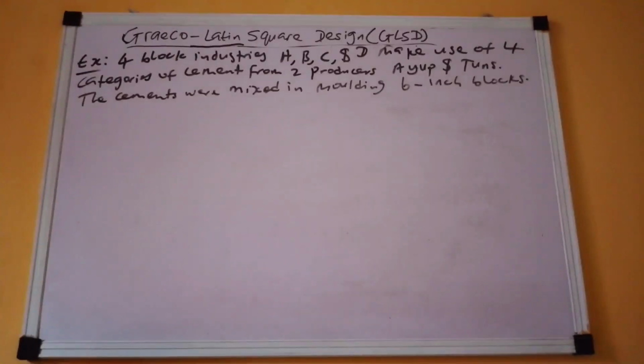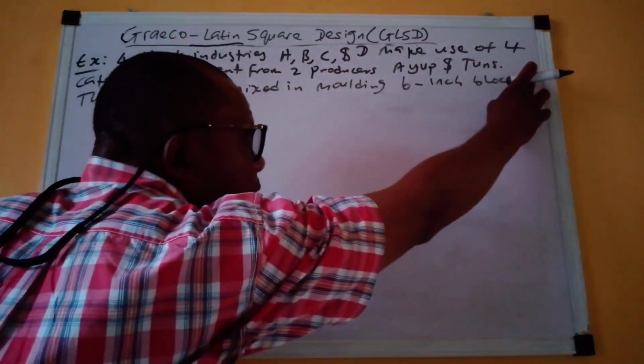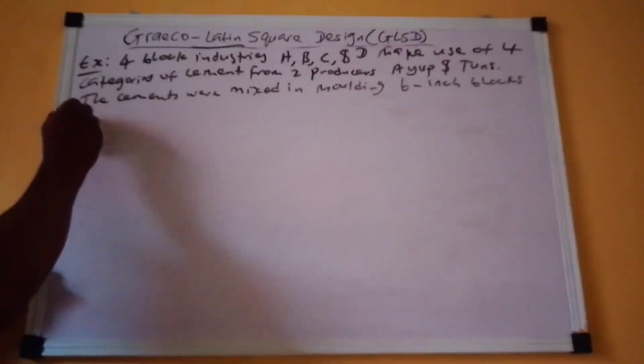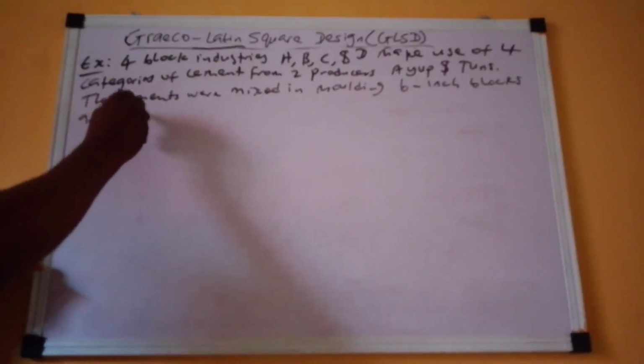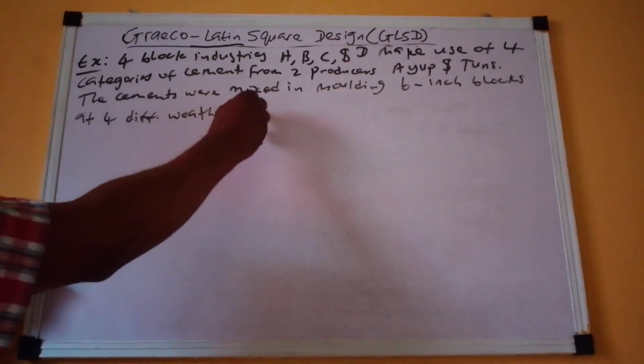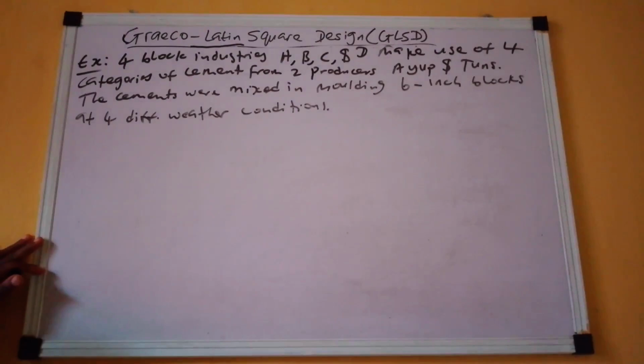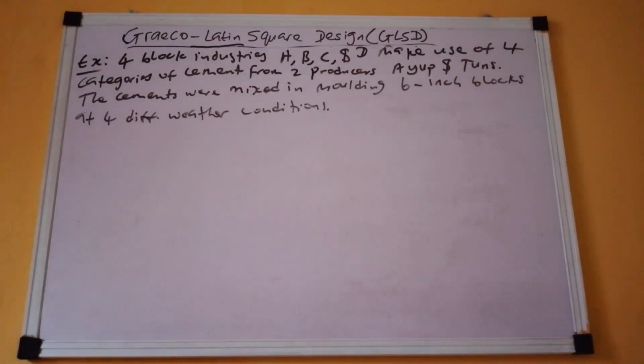We'll combine the molding 6-inch blocks at 4 different weather conditions.